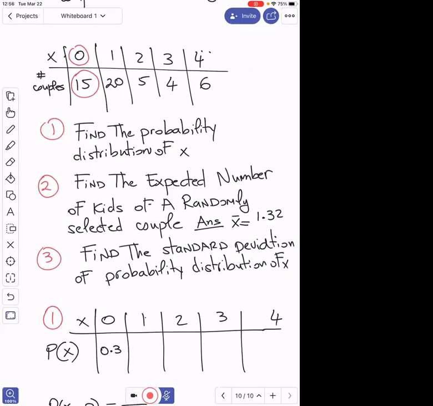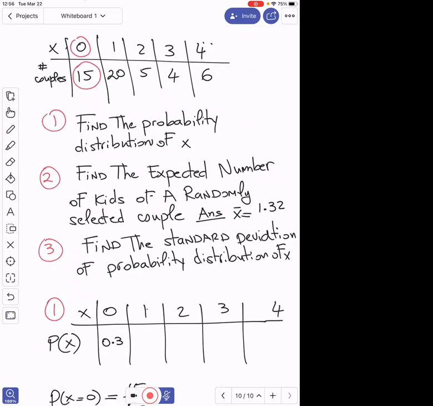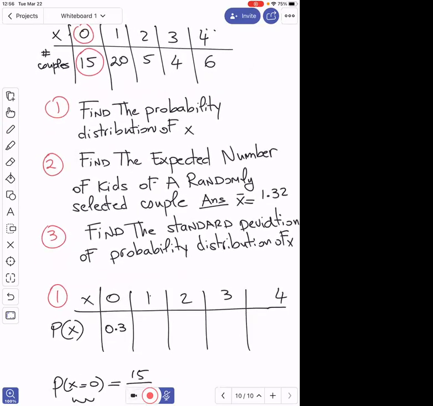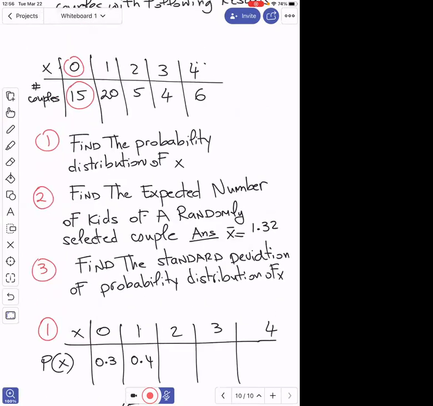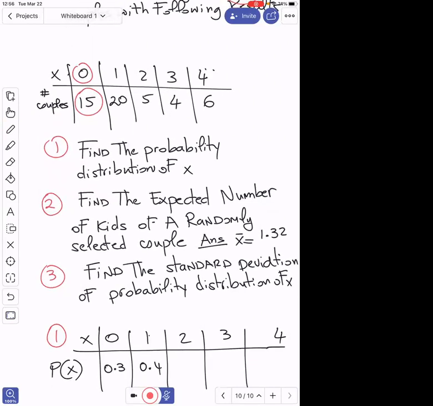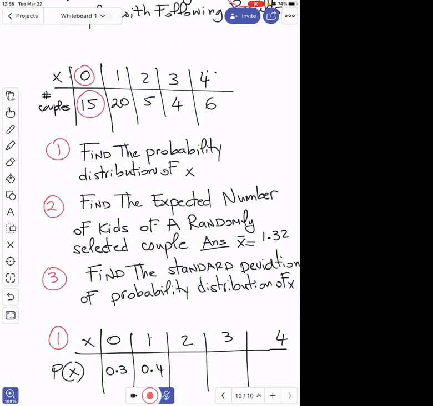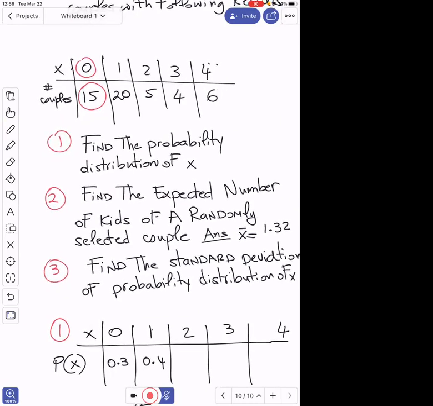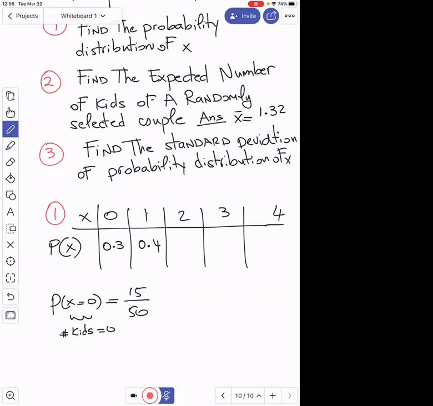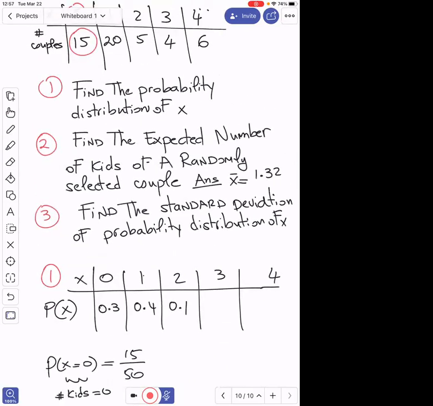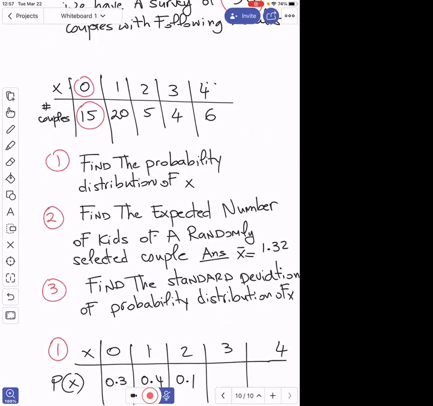So for X is 1, that'll be 20 over 50, which is of course 0.4. Now next, it's 5 couples with 2 kids. So the probability that X is 2, that's 5 over 50. So that's 0.1. Then we have 4 couples with 3 kids.